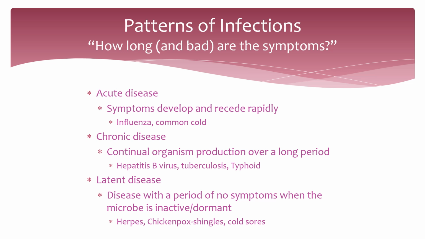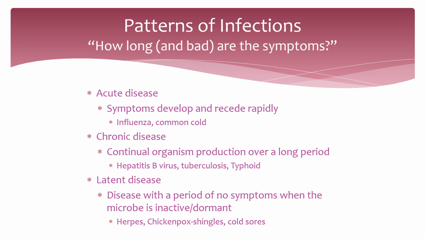A chronic disease and a latent disease both will have a very long period of time where you are sick, sometimes forever. Just depends on what disease we're talking about. With a chronic disease, however, the entire length of the infection, you have symptoms, even if the symptoms are particularly weak.